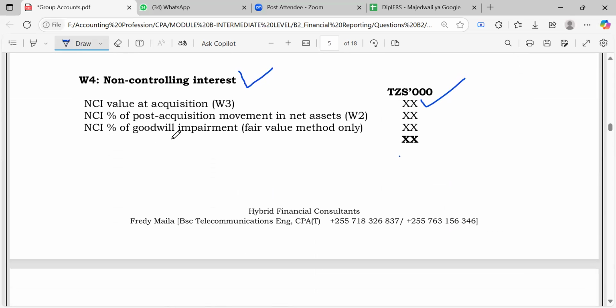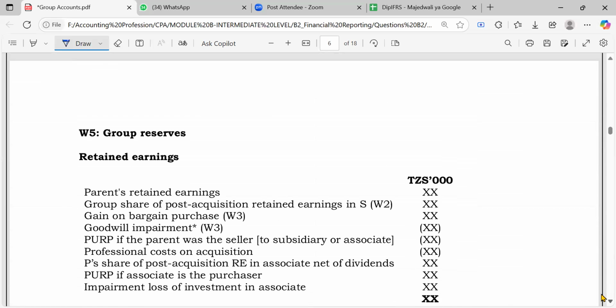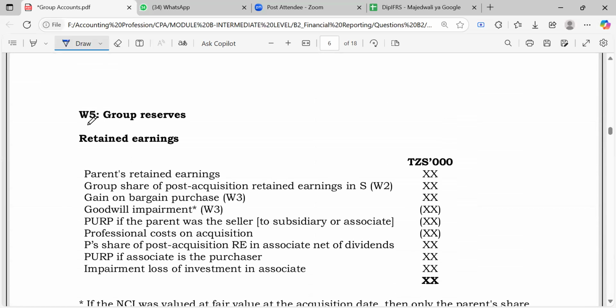So the NCI percentage of post-acquisition reserves, you take that percent of the figure and get it there. You can see down here on group reserves, you would have to substantiate everything. It could have retained earnings and other items. You're told P's share of post-acquisition retained earnings.